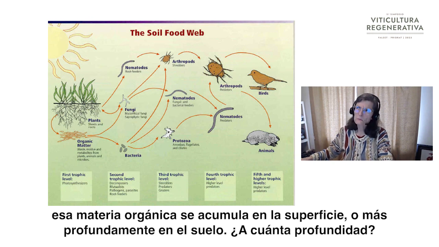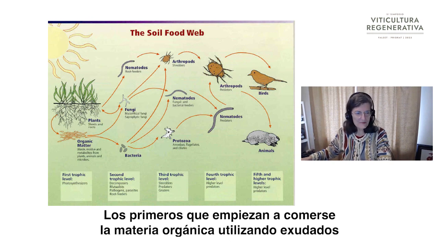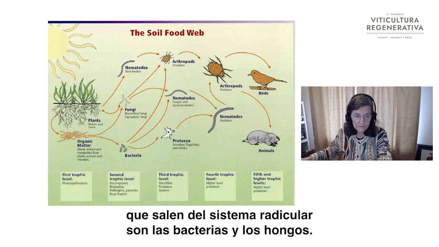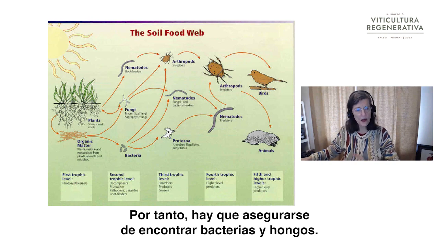How deep? Well, we'll get to that. The first things that start chewing on the organic matter using exudates coming from the root system are the bacteria and the fungi.